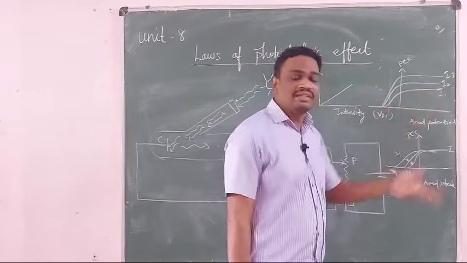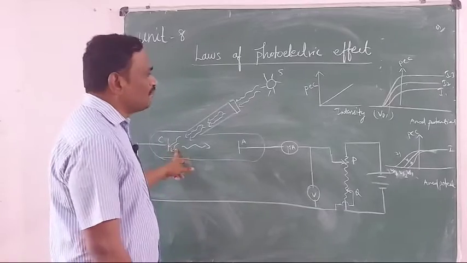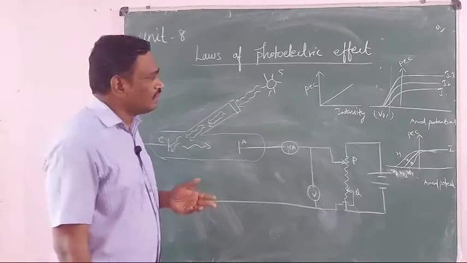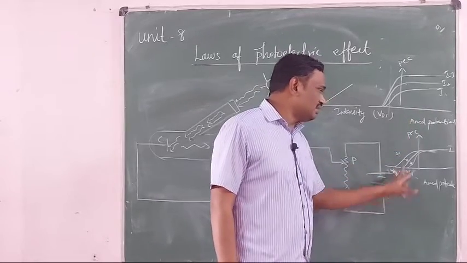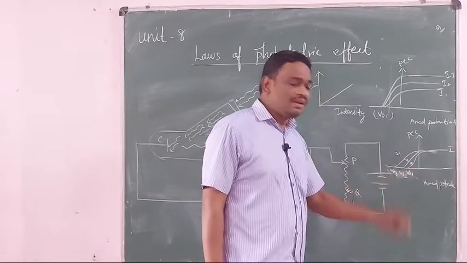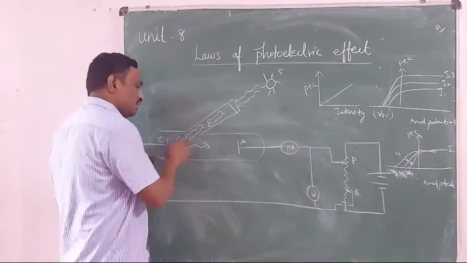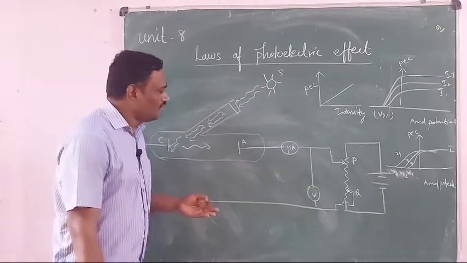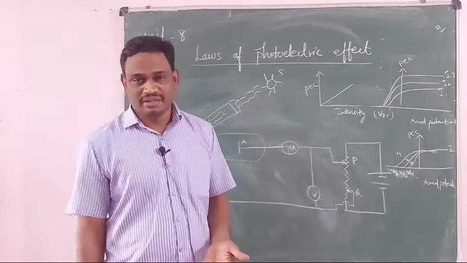So increasing intensity will not create any effect on the stopping potential of the photoelectrons. But when you increase the frequency, that also increases the stopping potential.